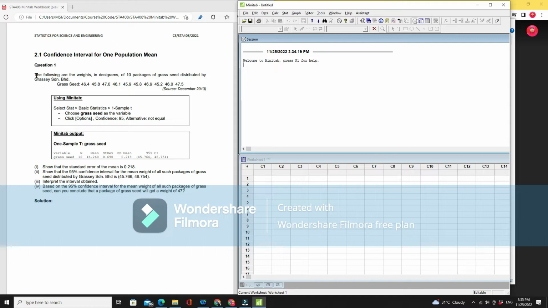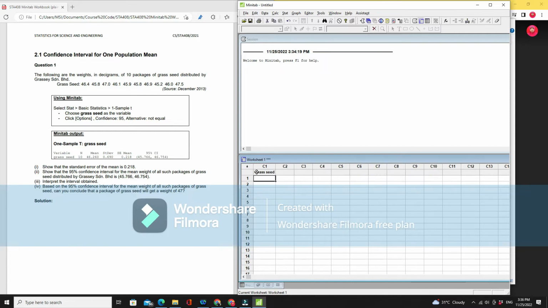The following are the weights in decigram of 10 packages of grass seed distributed by Grassy Sendirian Berhad. First we key in the name of the data and then key in the values, one column downward. So here we have 10 samples.